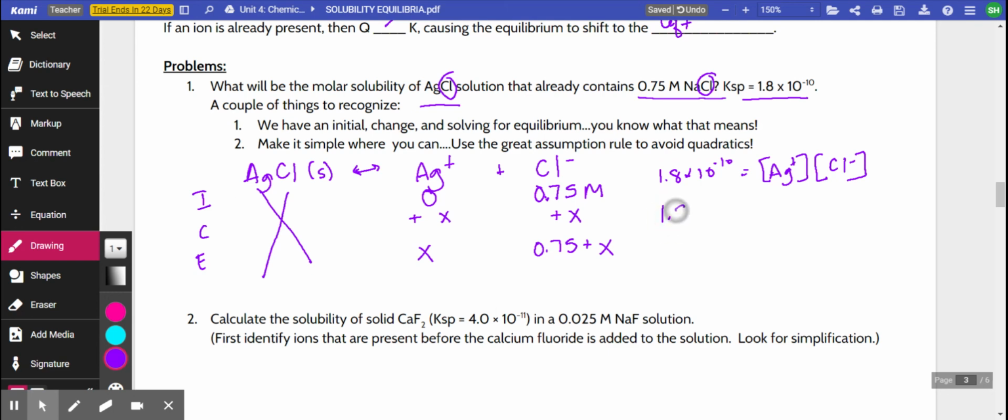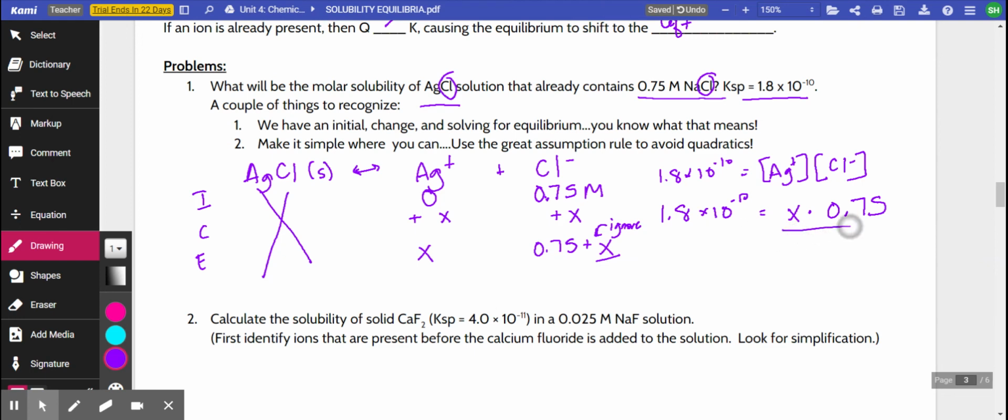I'm going to put 1.8 times 10 to the negative 10th is equal to X times, and this is kind of nice, because the equilibrium constant is so small, we can ignore this plus X on here, times 0.75. So on these common ion effect problems, it's kind of nice. We can actually just ignore the plus X because it's going to be such a small amount that changes.